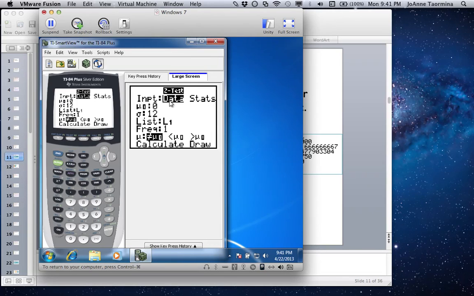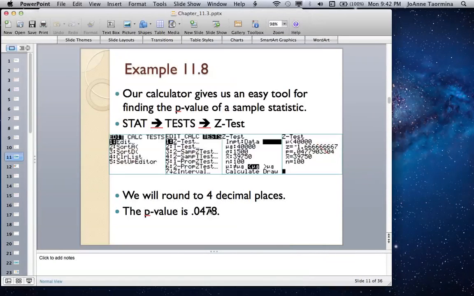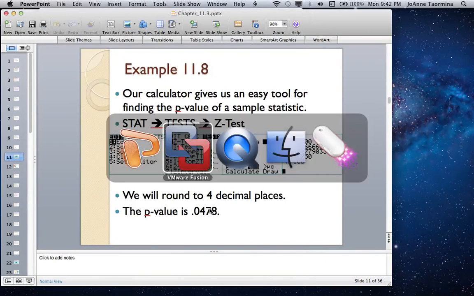If you don't have the raw data, which we don't, we're going to go over to stats and hit enter. Mu sub 0 is the population mean, the population mean put forth in the null hypothesis. So that is 40,000. Sigma is the population standard deviation. Was it 1,500?